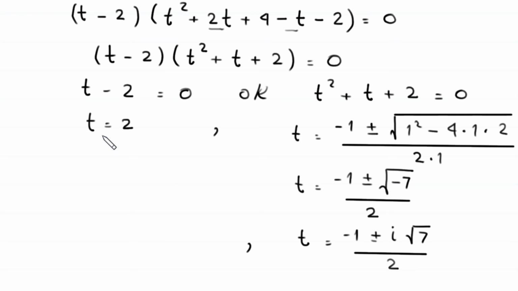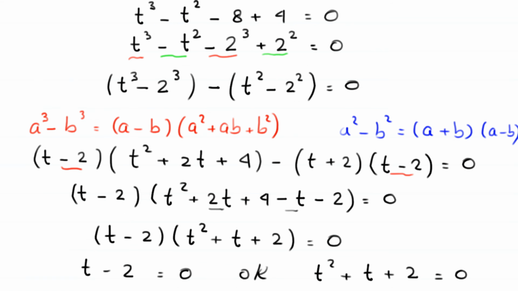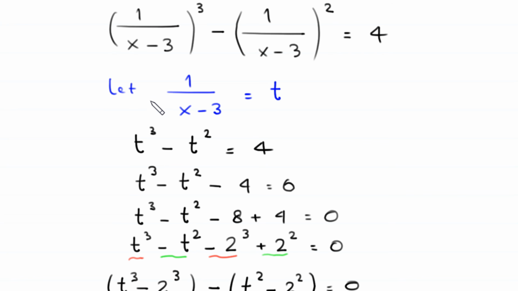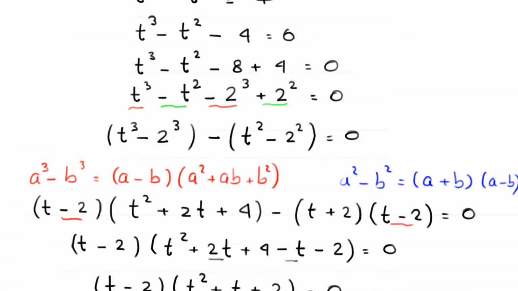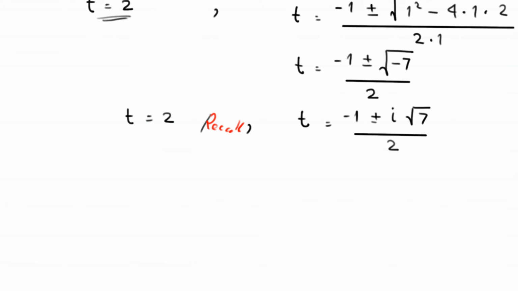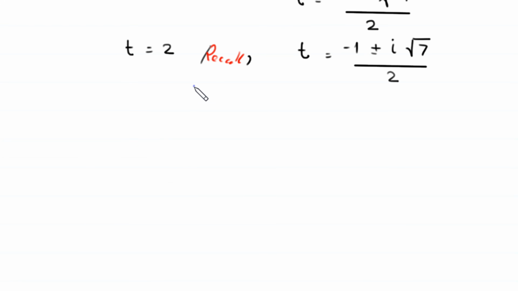And first we found this value of t is equal to 2. Now recall that we have supposed that 1 over (x minus 3) equal to t. So when t is 2, then this will become 1 divided by (x minus 3) equal to 2.